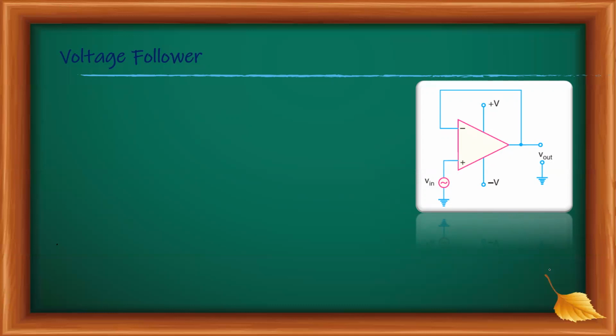And there is no RI resistor, or no resistor is connected to ground, or we can say that it is opened. By open, it means infinite resistance. So RF is equal to 0 or RI is equal to infinity.